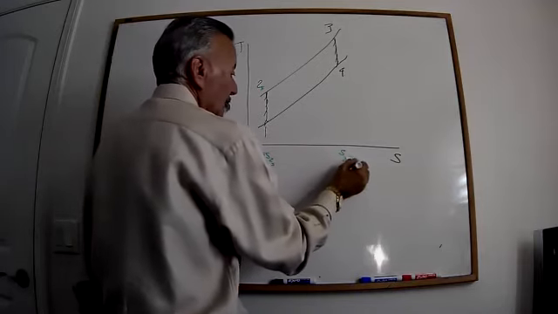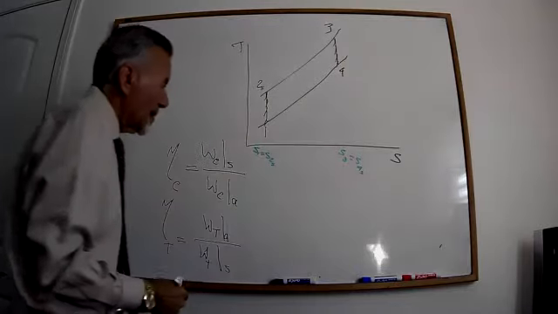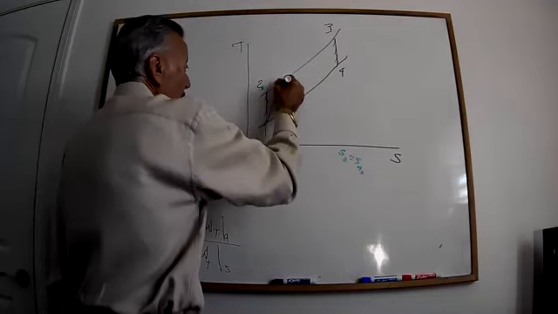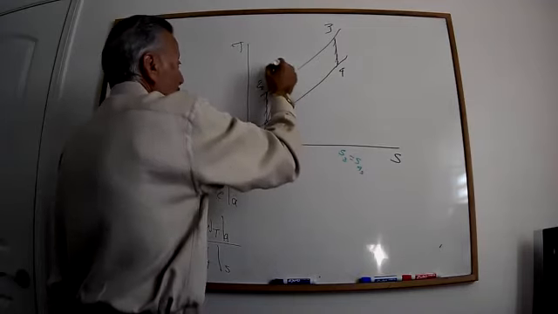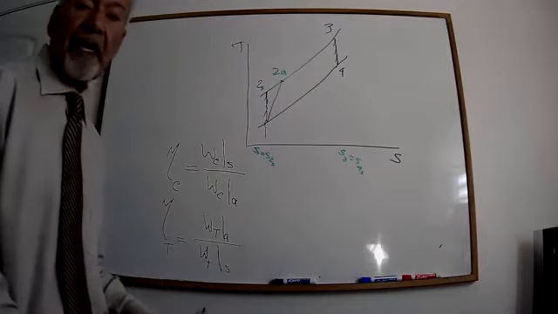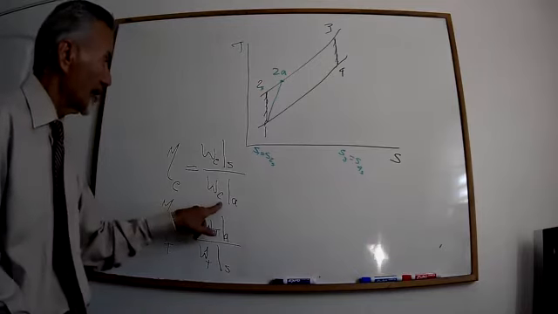S3 is equal to S4s. Again, it's isentropic. To find the actual, you draw a line. This point becomes 2A. So this is the actual, right here, work of a compressor.